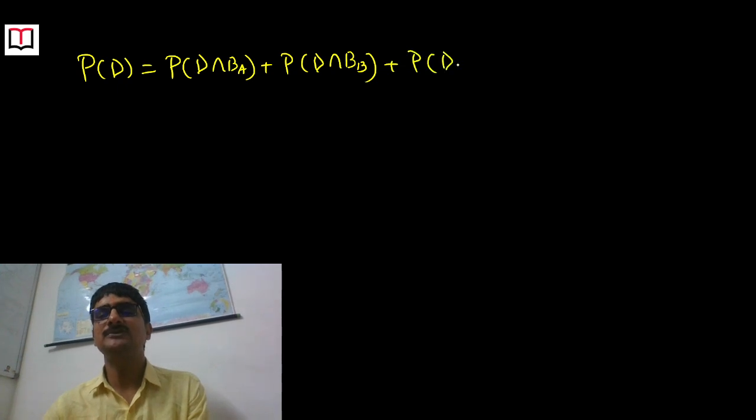Why so? Because the probability of getting a defective bolt depends on whether it's manufactured by machine A, or machine B, or machine C.